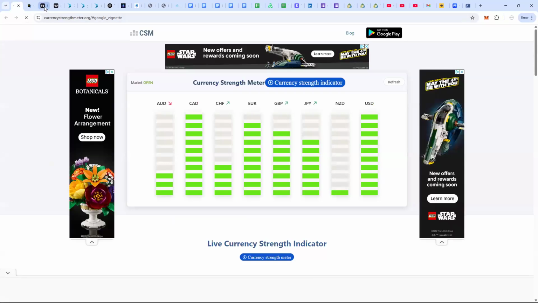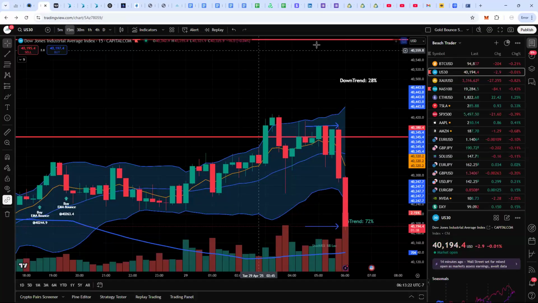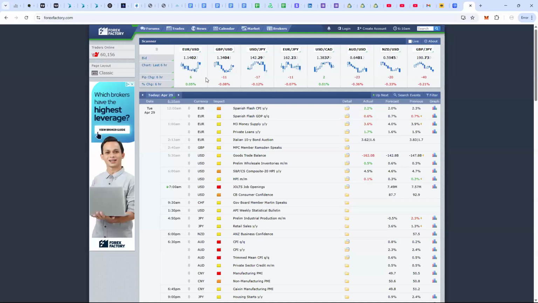Okay, and now let's look at the economy. Or let's go back to Forex Factory and look at the top. The Euro's beating it. It's beating Great Britain by a little bit. It's losing to Japan. Beating Canada a little bit. It's beating the Aussie really good.